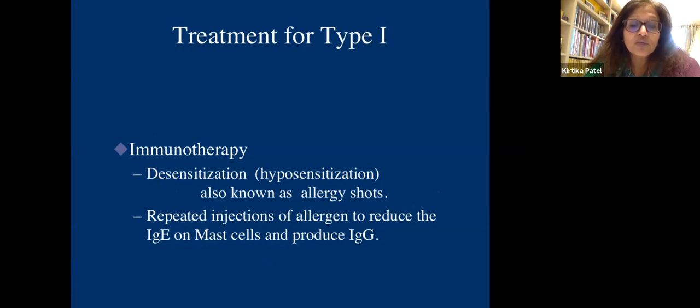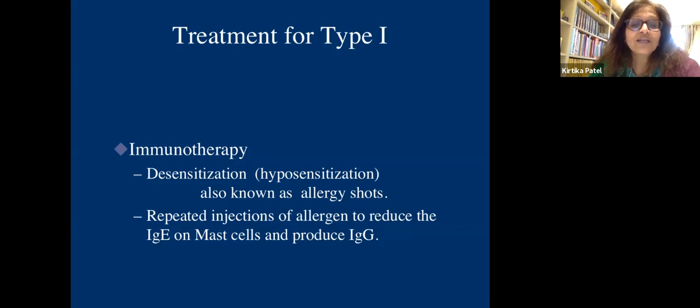If it is egg, grass pollen or tree pollen, you can inject them, or now patients can even have sublingual tablets. They put it under their tongue every day, and the dose increases. It has been shown to be efficient.